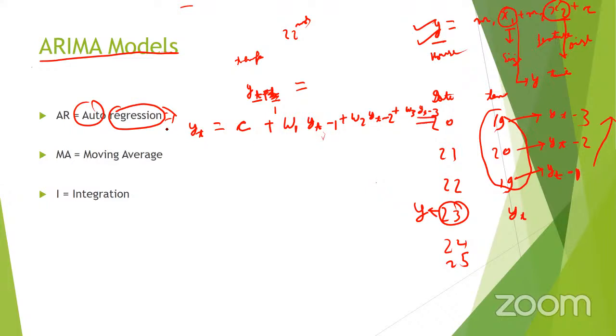That particular thing will decide the order of your AR, and that is generally represented by P. So this P term will tell me up to how many previous time steps I have to take my data points. In this particular case, my P is equal to 3 because I am taking the past 3 data points, yt minus 1, yt minus 2, yt minus 3.